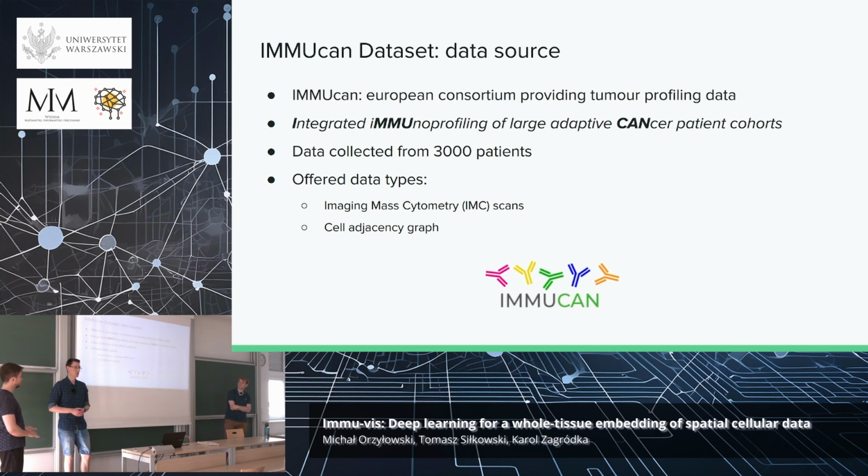It has access to data collected from over 3,000 patients, and the consortium provided us with a few hundred samples, which were of two types. First there were IMC scans, and also there were cell adjacency graphs. We will talk about graphs a little bit later.